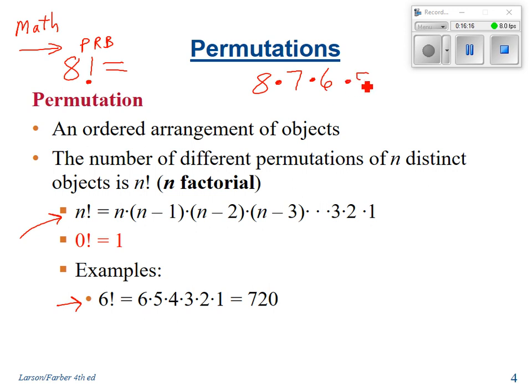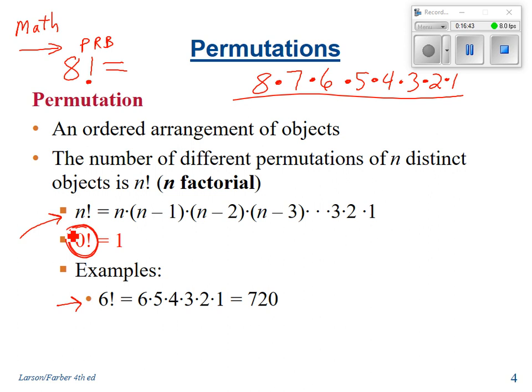Then times 5, then times 4, then times 3, then times 2, then times 1. What that tells us is all the possible outcomes for all the different pizzas that we could make if our pizza place had 8 different toppings. I think it was like 40,000 in some or something like that. 46,000. So that's factorial.